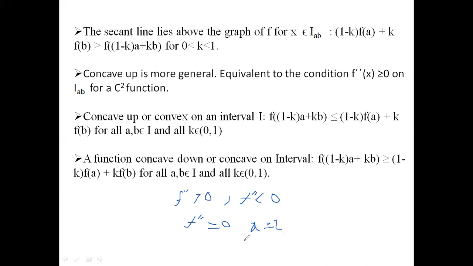These points are called the second order critical points of function f or any function.